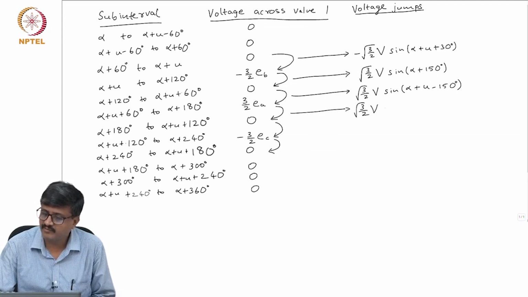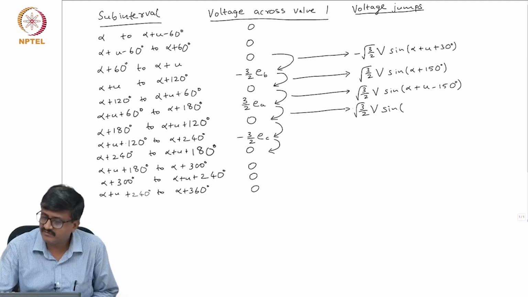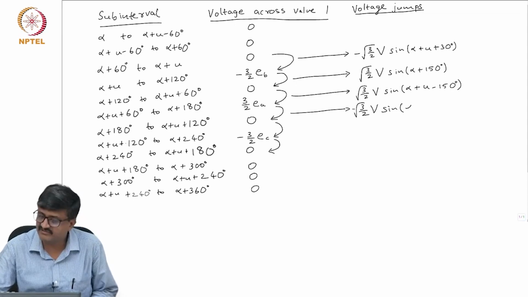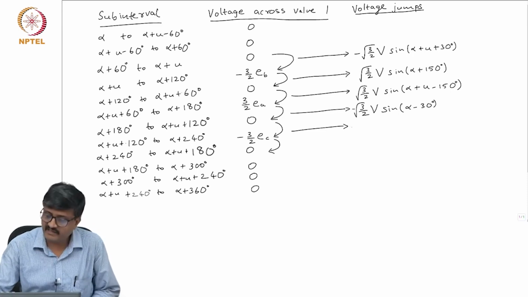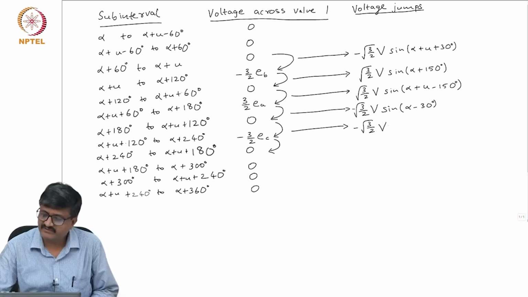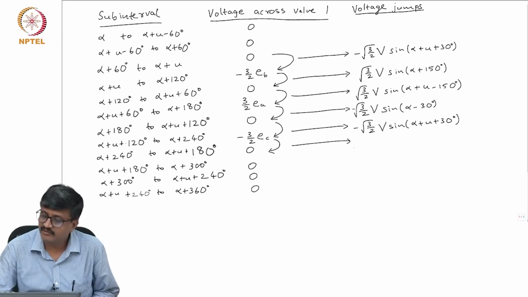Then root 3 by 2 V sine, minus root 3 by 2 V sine alpha minus 30 degrees, minus root 3 by 2 V sine alpha plus u plus 30 degrees, then root 3 by 2 V sine alpha plus 150 degrees.